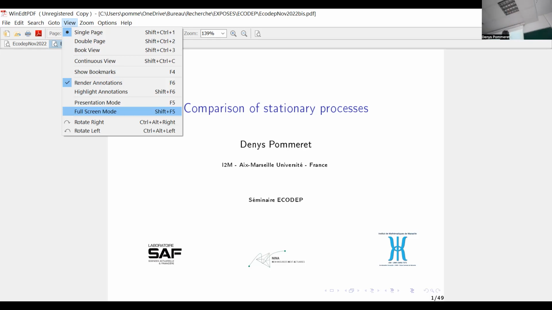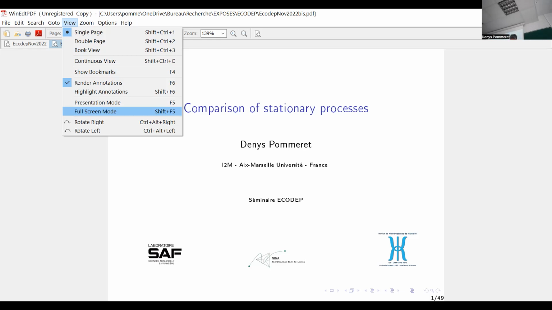With Paul, in 15, we extended the work of Monk and we proposed a smooth test, again ST for smooth test, to compare the marginal distribution of 2 processes with short-range dependence. Okay? And we generalized this result to the case of strictly stationary processes with long-range dependence.